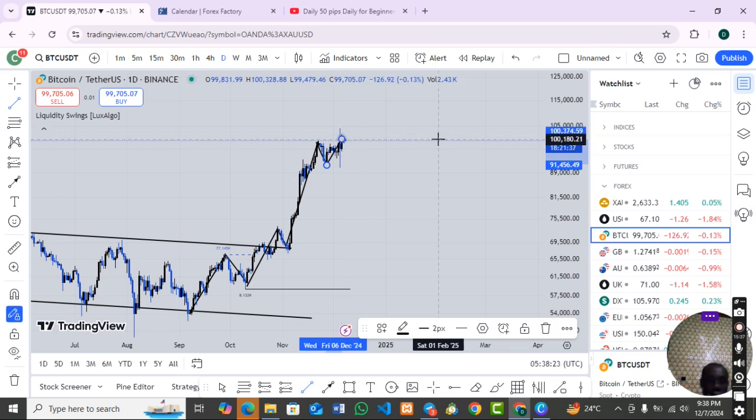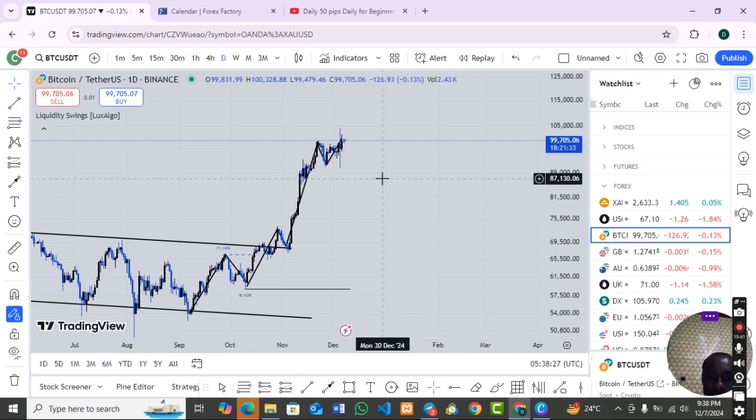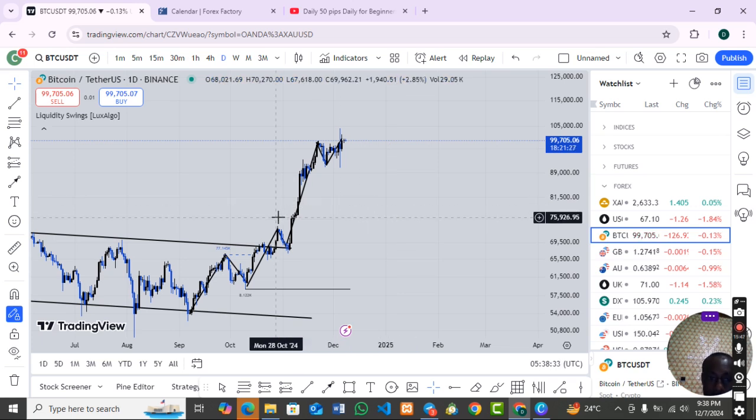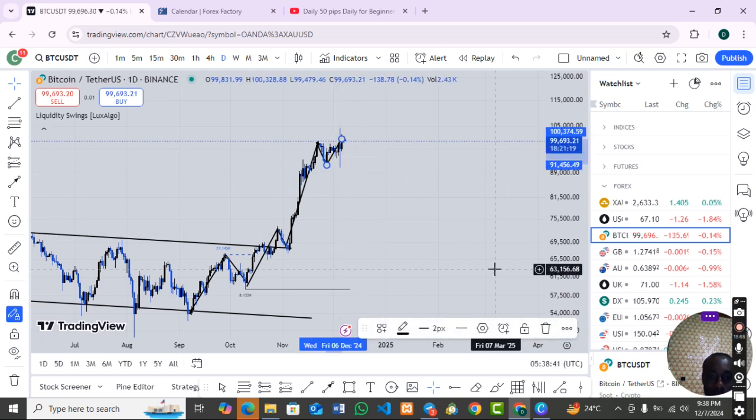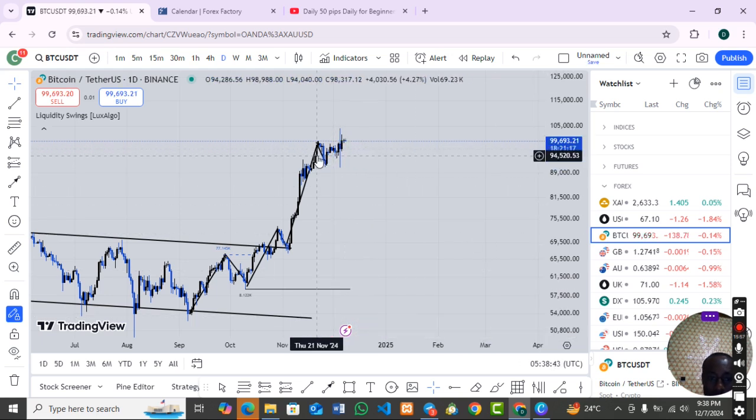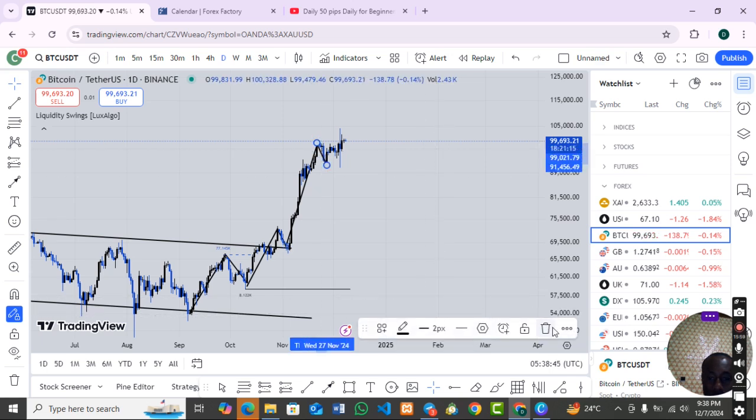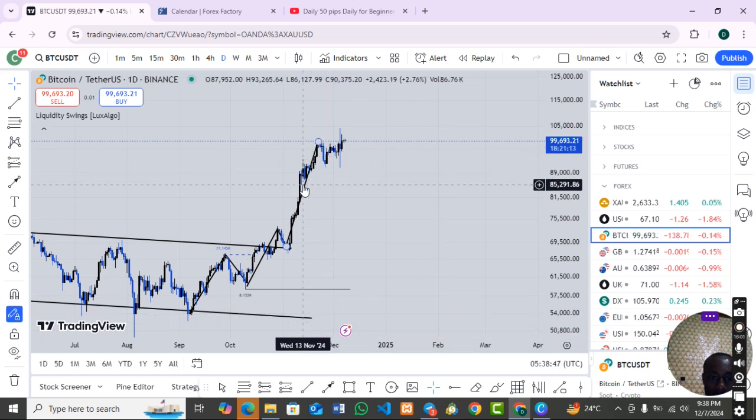So what we are expecting is a change of character to break the last higher low. As you can see, price is choppy at this particular area. This is the last higher low, and I'm going to draw a line over there. I just want to clear these market structure markings.